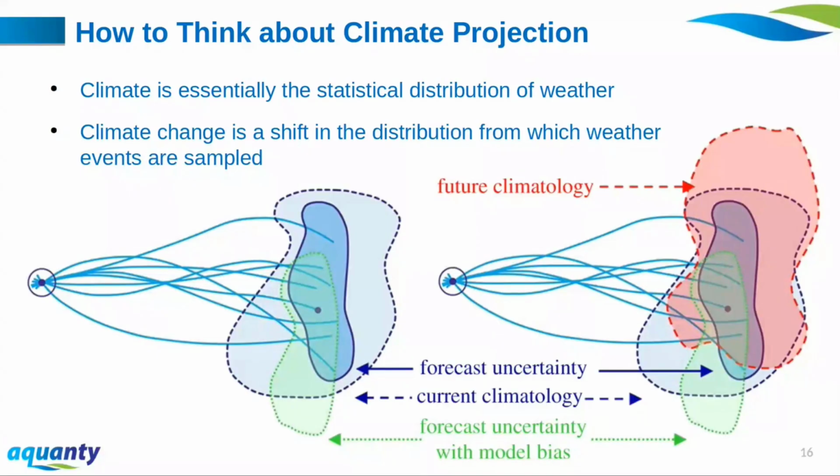Right, and so the differences in model bias, that's basically shown with the green distribution, that each particular model may actually have a slightly different distribution compared to the actual climatological distribution. Right. So this is just the conceptual framework that I would encourage to think about climate.